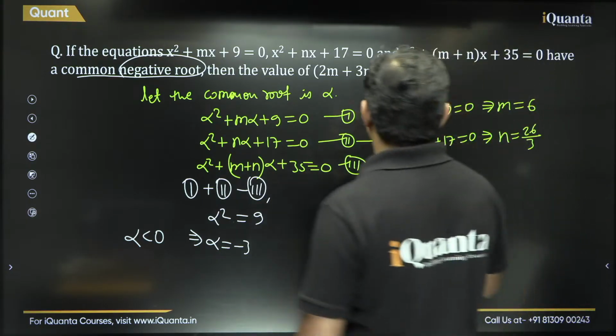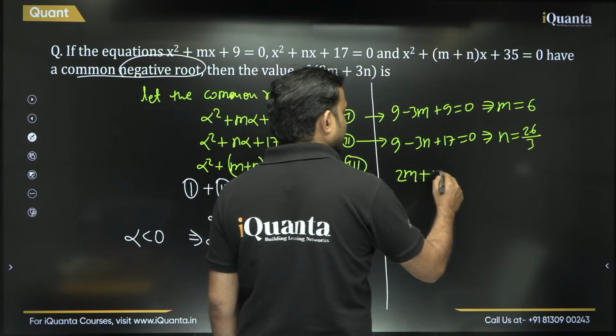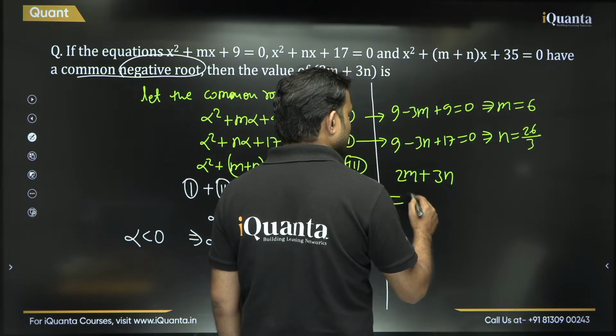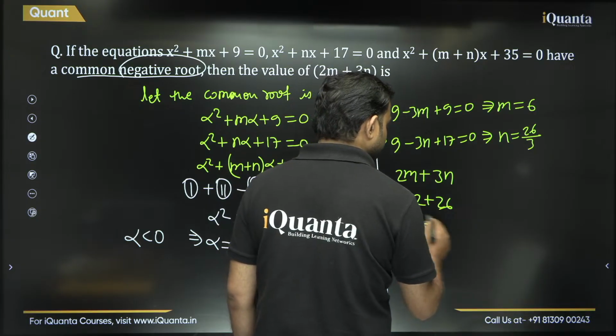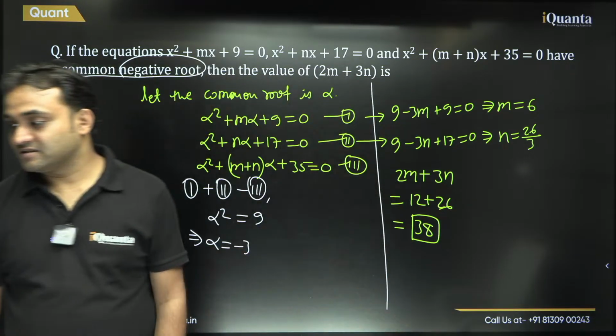So what do we want? 2m plus 3n will be equal to 12 plus 26 which is equal to 38. That is our answer है ना.